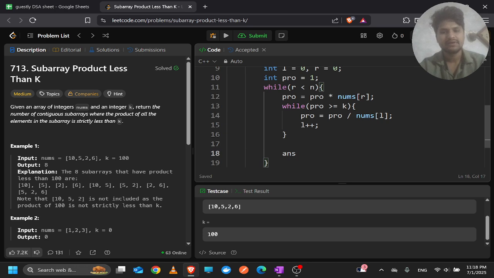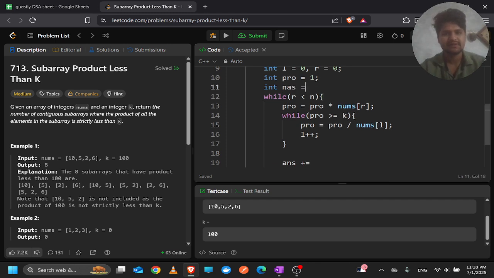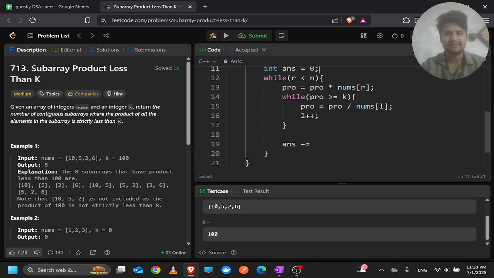So we will create an answer variable initialized with 0. How are we going to add to the answer? We have a window, and the number of elements present inside that window is going to give us our subarrays.